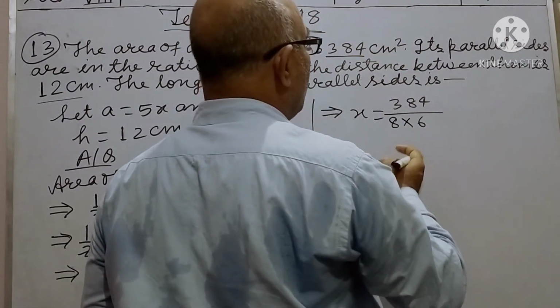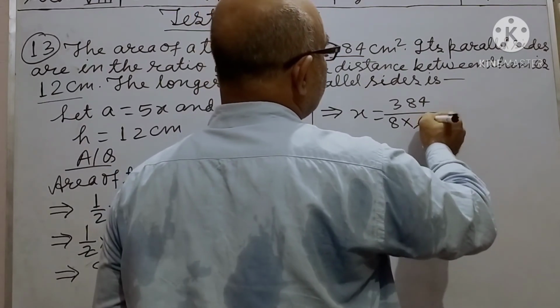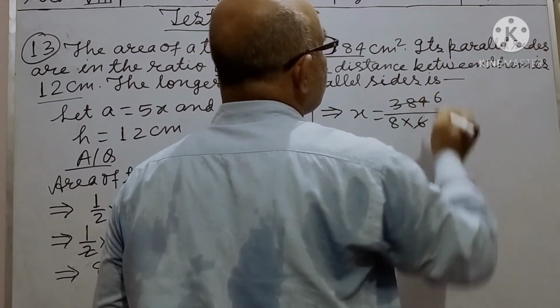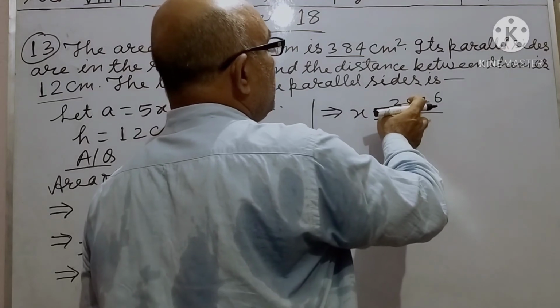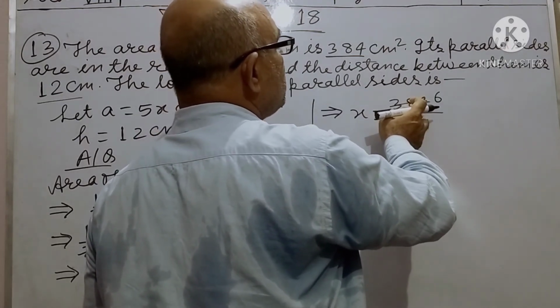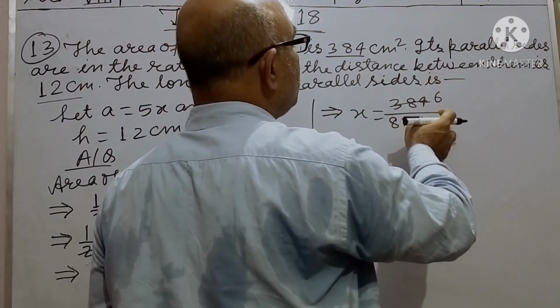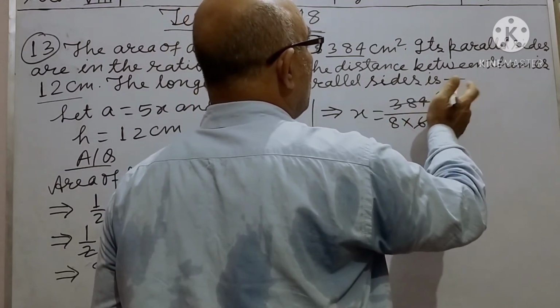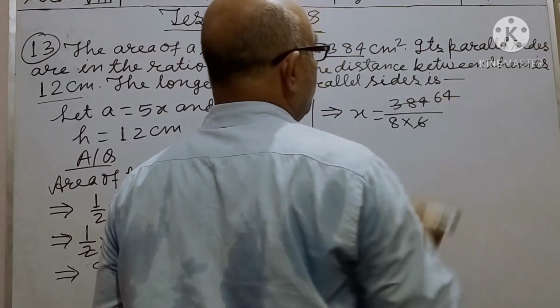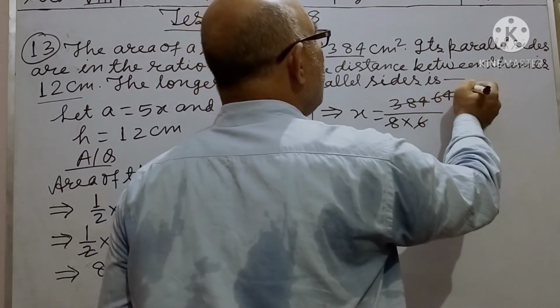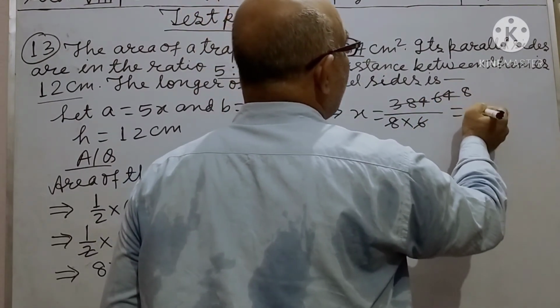First it is divisible by 6. 6 sixes are 36, 38 minus 36 equal to 2, 2 and 4, 24. So 6 fours are 24. Now 8 eights are 64. So 8 cm.